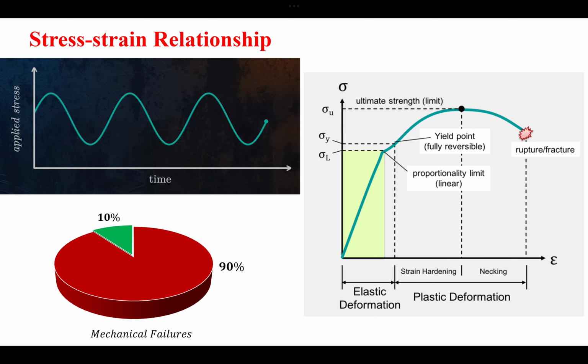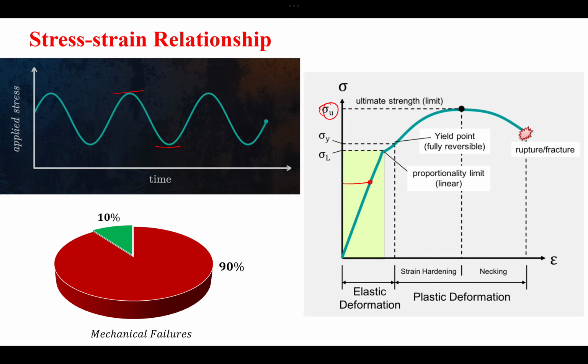Cyclic loading actually fluctuates between two points, one maximum, one minimum, and then it keeps on repeating. So this loading keeps on repeating its cycle, and in this case when we have cyclic loading, it is much possible that your fracture will occur below the yield point as well. So you do not apply the stress required for the material failure, which is the ultimate strength.